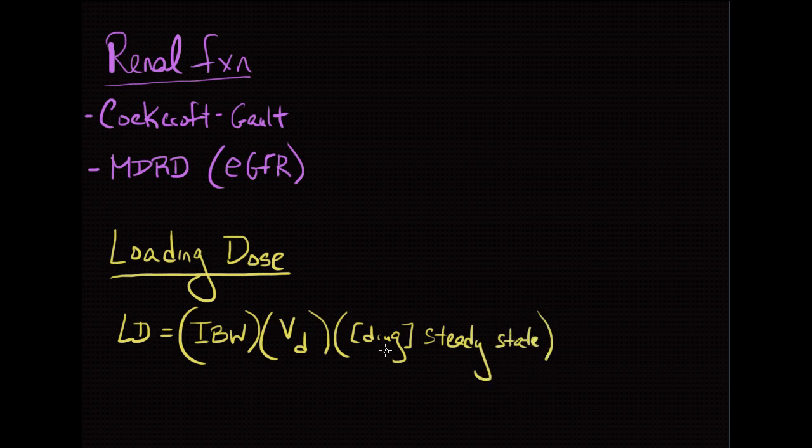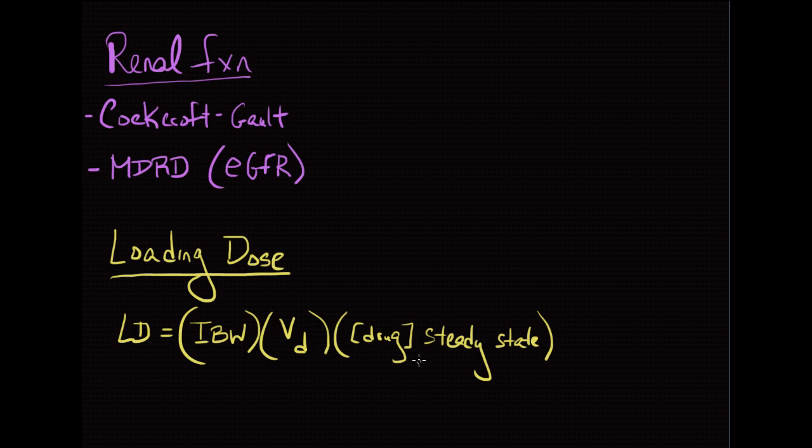So let's look at this a little more closely. You can calculate the ideal body weight by simply using an online calculator. So that's not difficult. You can obtain the volume of distribution for a particular drug at a particular level of CKD looking at the package insert, which you can also get online through any search engine. So all you really need to know or decide is what concentration of drug do you want the patient to have at steady state.